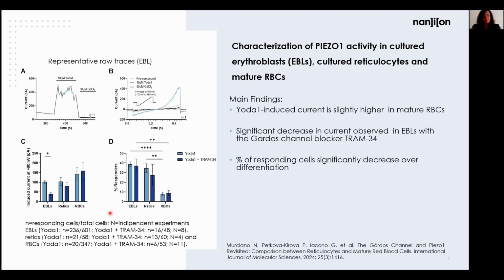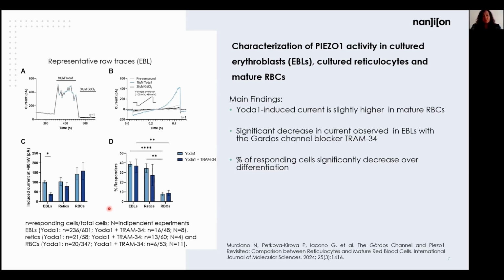You can see the compound-induced current for Yoda1 and Yoda1 plus TRAM34, and the percentage of responding cells over differentiation. We can see here in light blue that Yoda1 was able to activate Piezo in the 3 cell types, with a slightly higher current in red blood cells, even if not significant. When I applied Yoda1 plus TRAM34, just to see the participation of Gardos in this component of the Yoda1 current, I observed a significant decrease only in erythroblast currents, a slight decrease in reticulocytes, and no decrease, but actually a slight increase, in red blood cells.